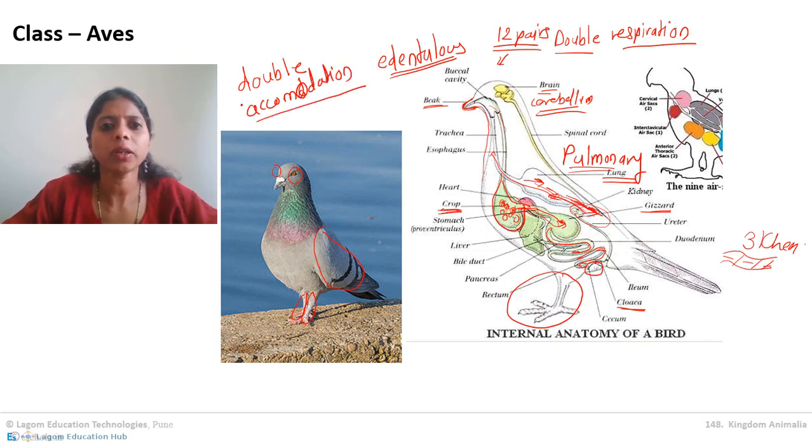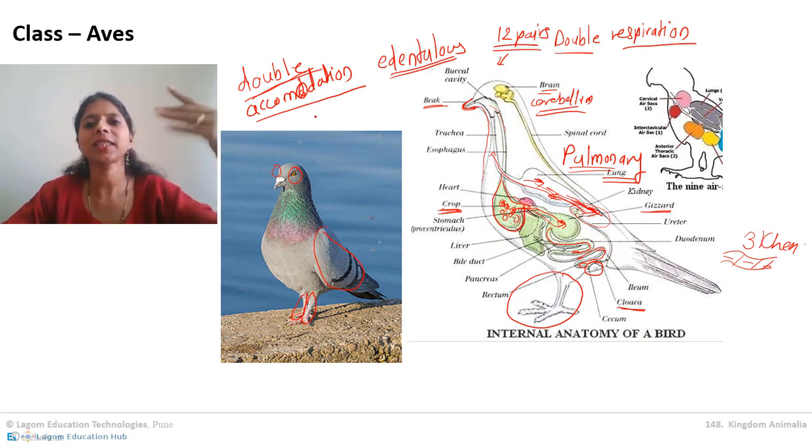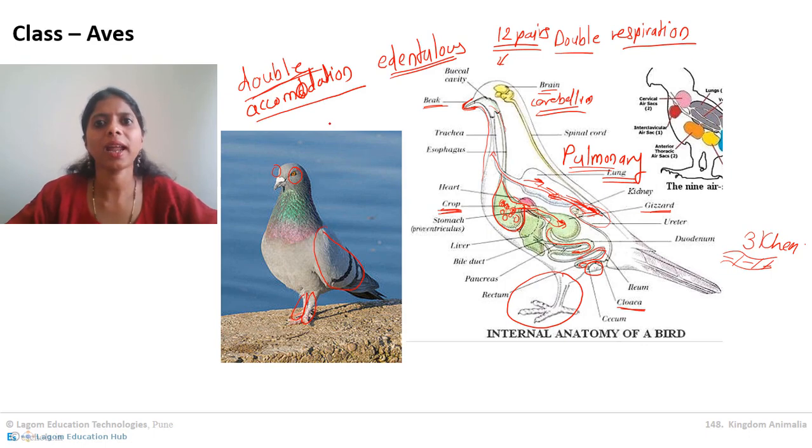Now double accommodation means that at a time birds can see 2-3 things. When a bird is flying, at a time it can see where the food is located, where it needs to land, and it takes a view of the landscape properly. So the eyes are doing everything simultaneously. This kind of vision is called double accommodation.